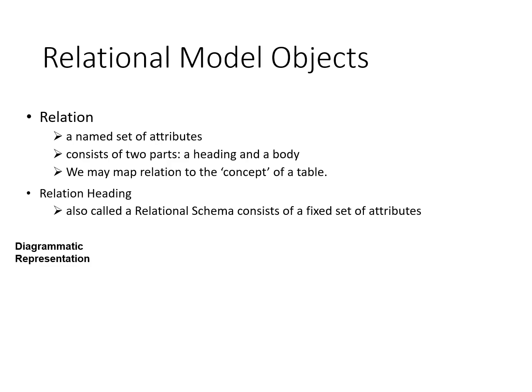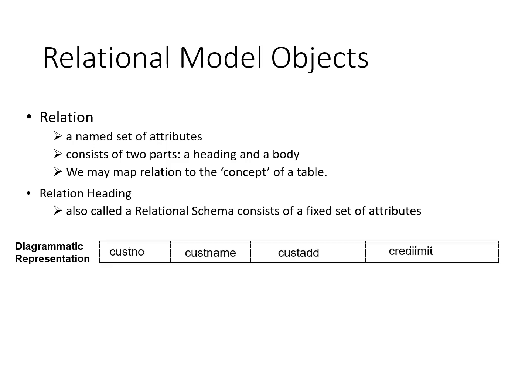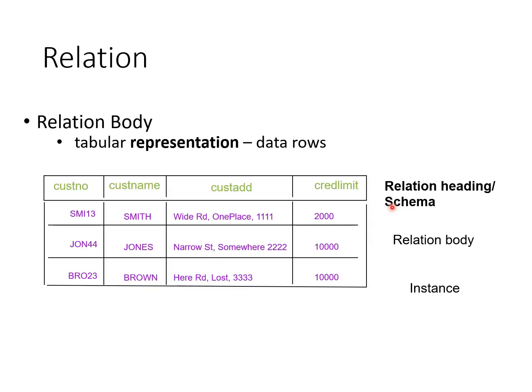Now comes the relational database model, the model objects. A relation, if you look at this, will have a customer number, customer name, customer address, and the credit limit. These are the model objects, the schema. And there is a body.